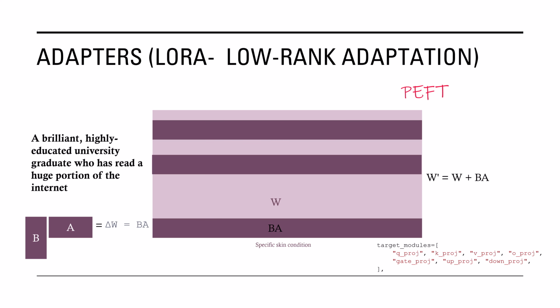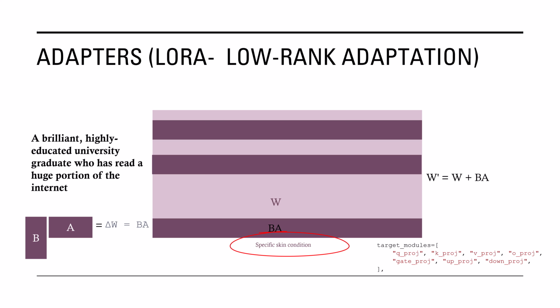So coming back to our analogy, which we were using from the beginning, we have this graduate, and we just want him to understand a very specific skin condition, right? Instead of sending the graduate to a full-on medical school, you give them a specialized cheat sheet or a plug-in module for diagnosing skin conditions.